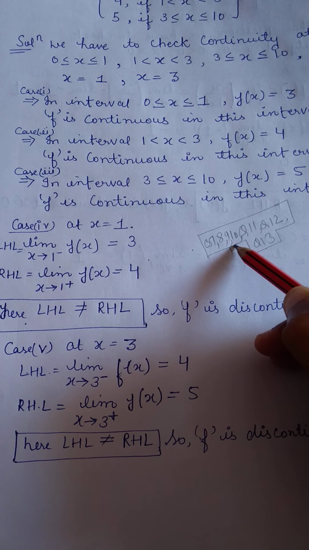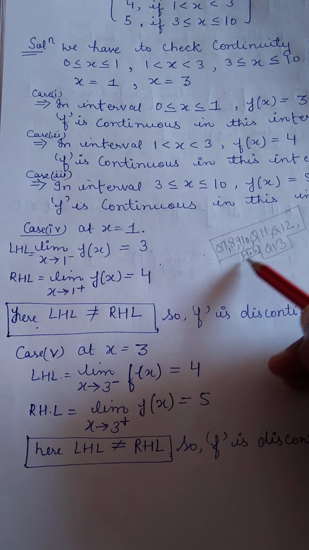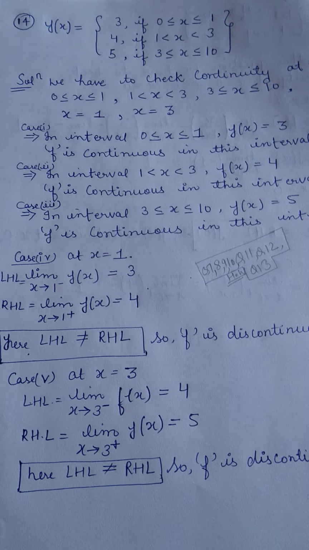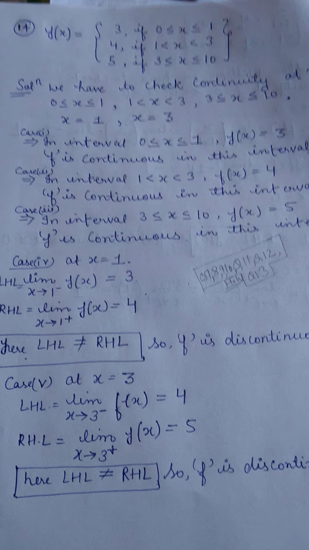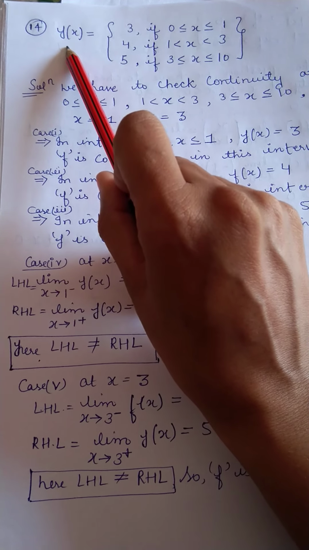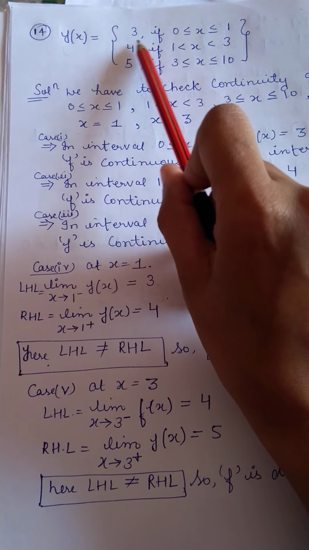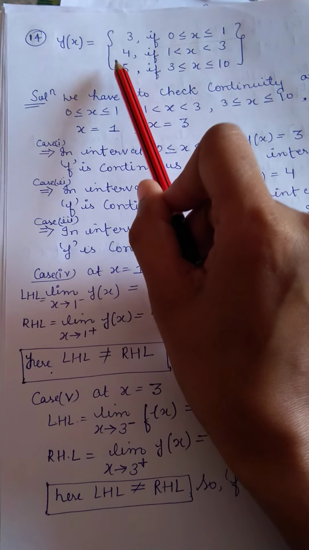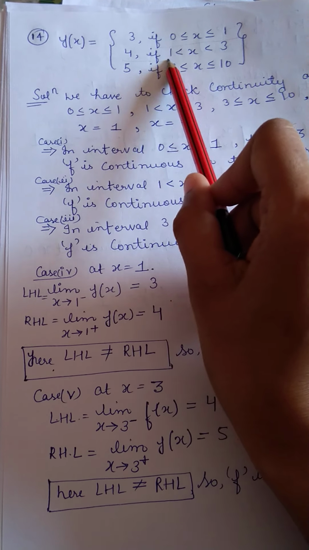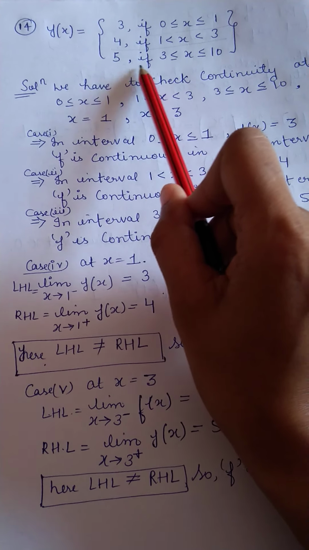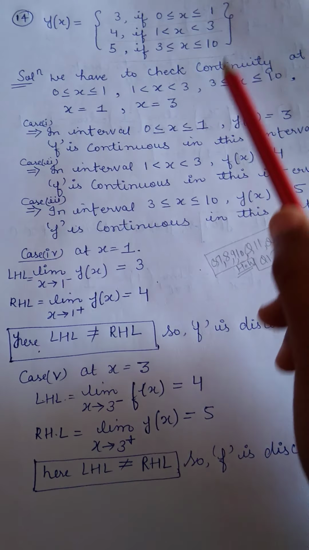So बच्चे, now I am going to explain the question number 14. In this बच्चे, f(x) is defined as 3 if the interval is this, 4 if the interval is this, and 5 if the interval is this.